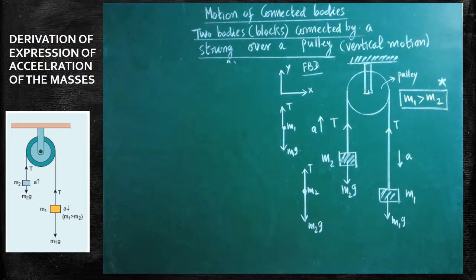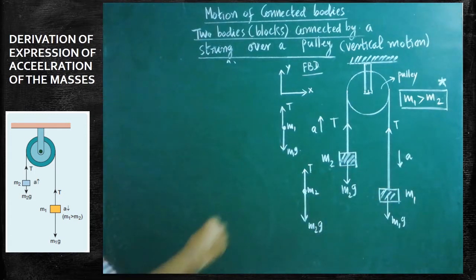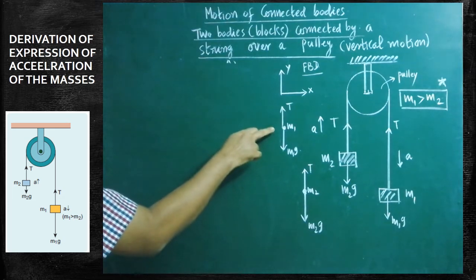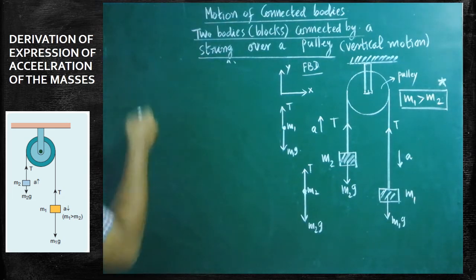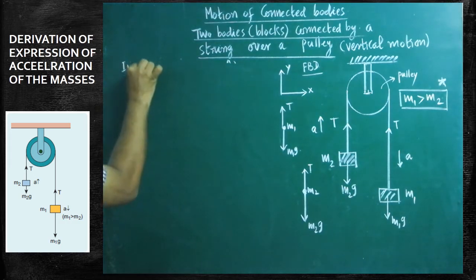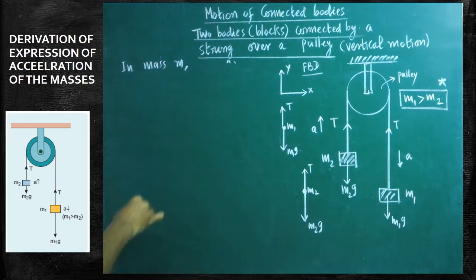First let us calculate the expression for acceleration. First we will use mass number 1. Are you clear? With the help of the free body diagram we can derive certain equations. In the case of mass number 1, I am going to apply Newton's second law. Are you clear?